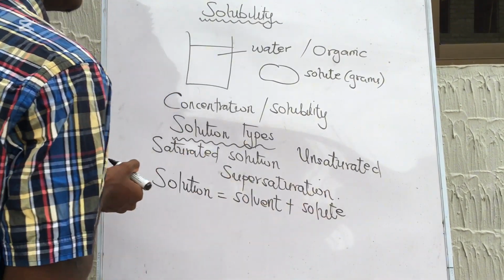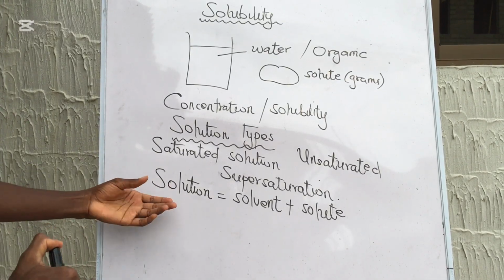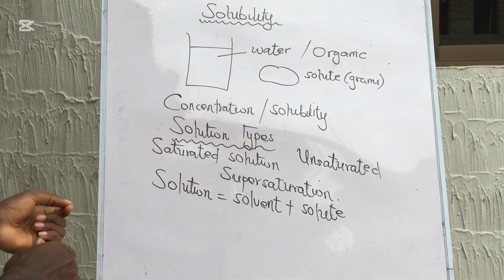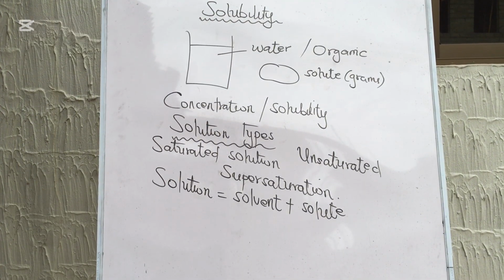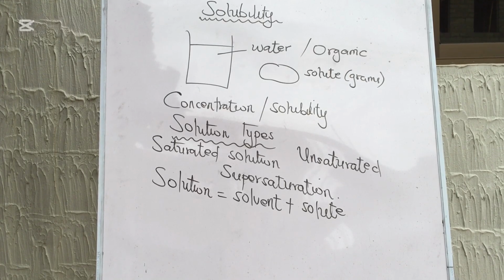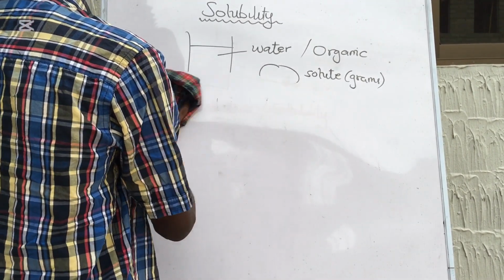So if you have a solute and you dissolve it in a solvent, you get a solution. Under this topic of solubility, we have different types of solutions. So now let's delve into how solubility works and talk about the different types of solution.